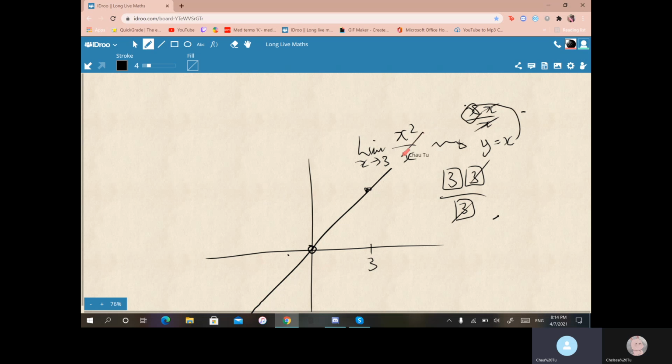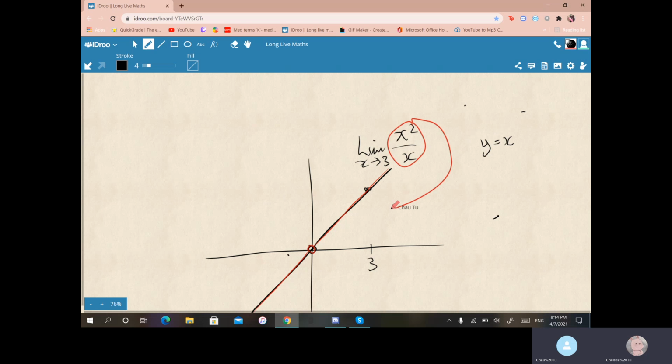That's why it looks like a straight line. But it's not y equals x, because dead on 0 it breaks down. That's why we've got this little circle. So the graph looks like this. Dead on 0 it breaks down, but we can think of it as acting like y equals x.